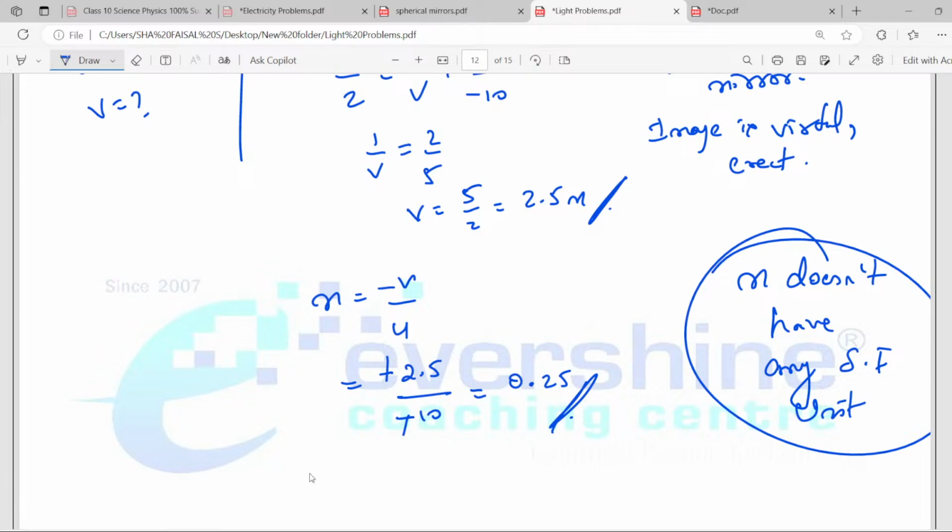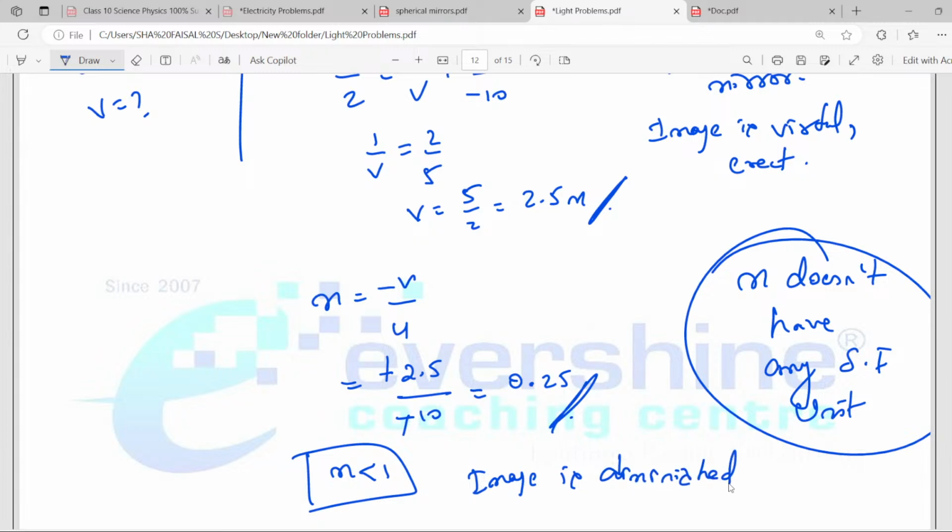Now as you can see, magnification is less than 1. Can you see this? The value of m is less than 1. So if the value of m is less than 1, then we can say that the image is diminished. It means smaller than that of the object.